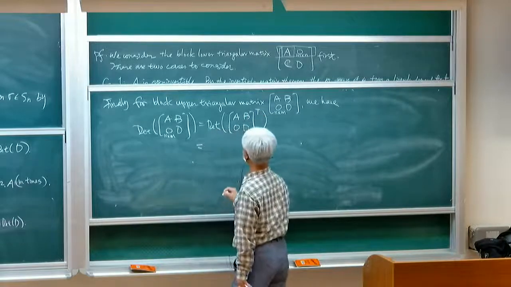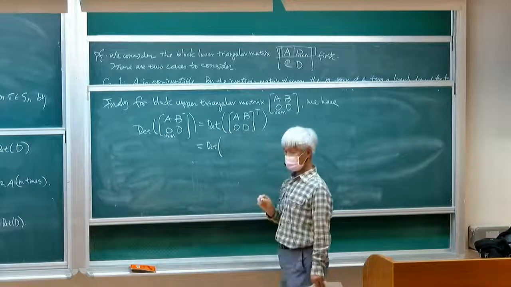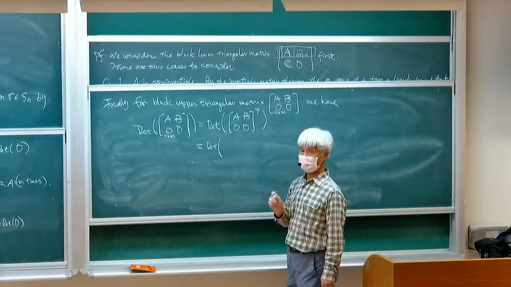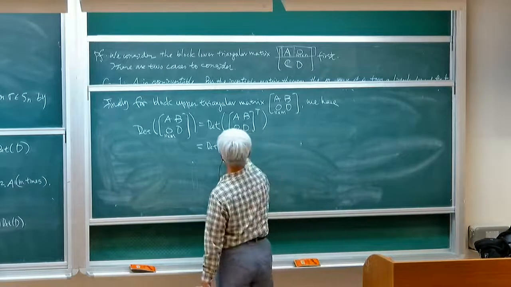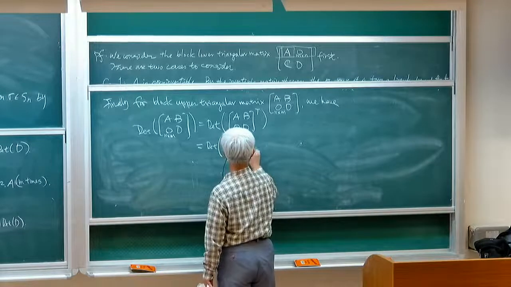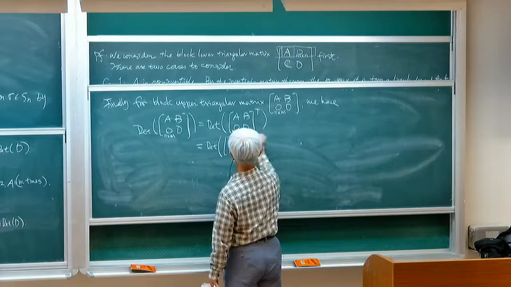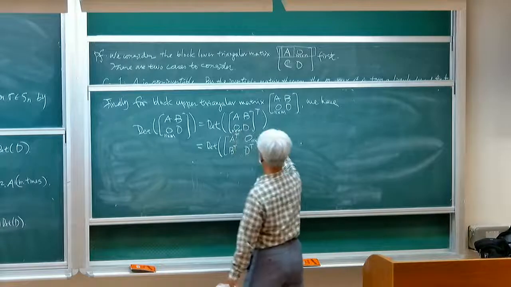The transpose of an upper triangular matrix becomes lower triangular, so this becomes A transpose, 0, B transpose, D transpose.